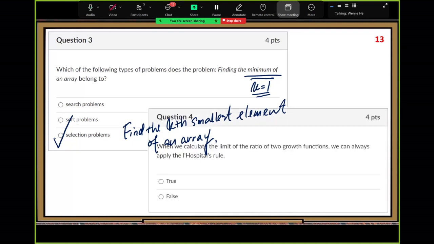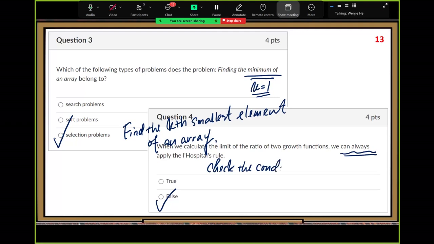Number 4, L'Hopital's rule to calculate the limit of the ratio. So can we always use it? It's false. Not always. Okay? We need to check the condition first.